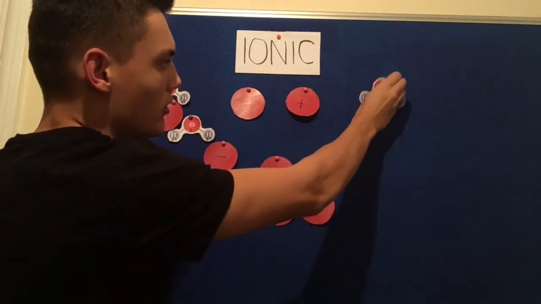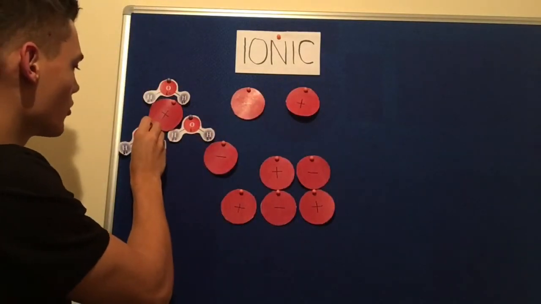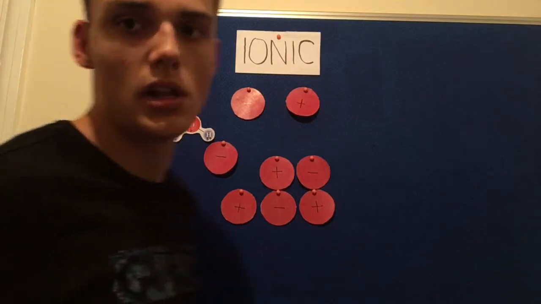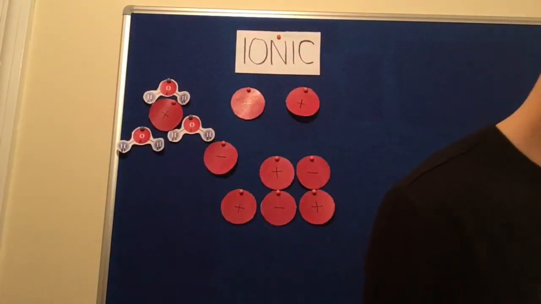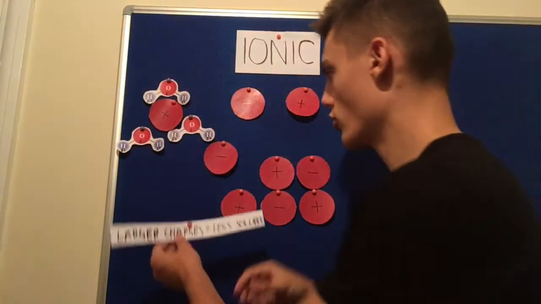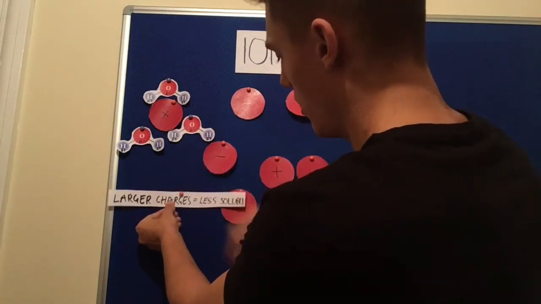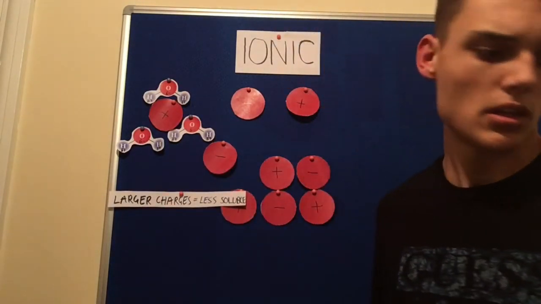So here we have water molecules surrounding ions and dissolving them in water. Now, one thing I will say is that the larger the charge, the less soluble an ionic compound will be.